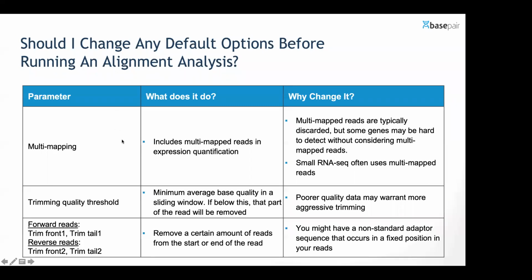Starting with multi-mapping. So what is multi-mapping? When you align your NGS reads to the genome, ideally you want the reads to map to one position. These are so-called uniquely aligned reads. And that tells you unambiguously that the read came from this gene. But in most, if not all, RNA-Seq samples, you sometimes get what are called multi-mapped reads.